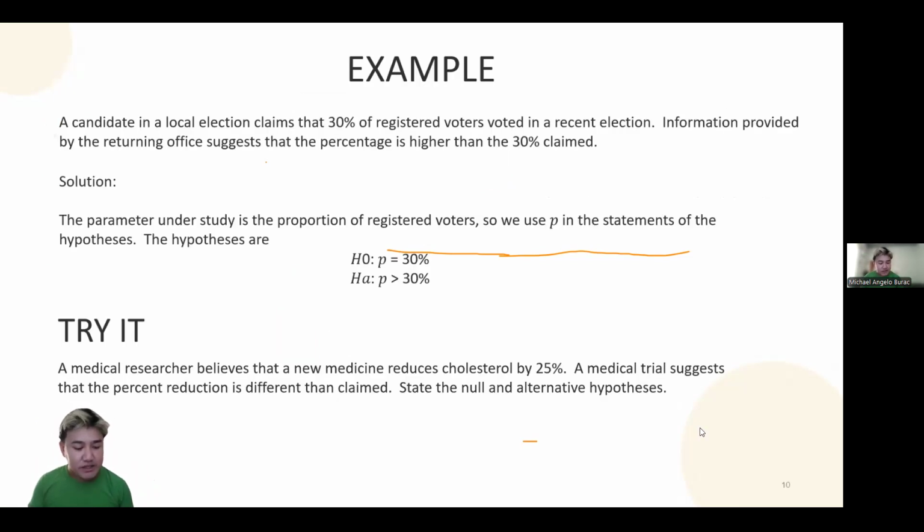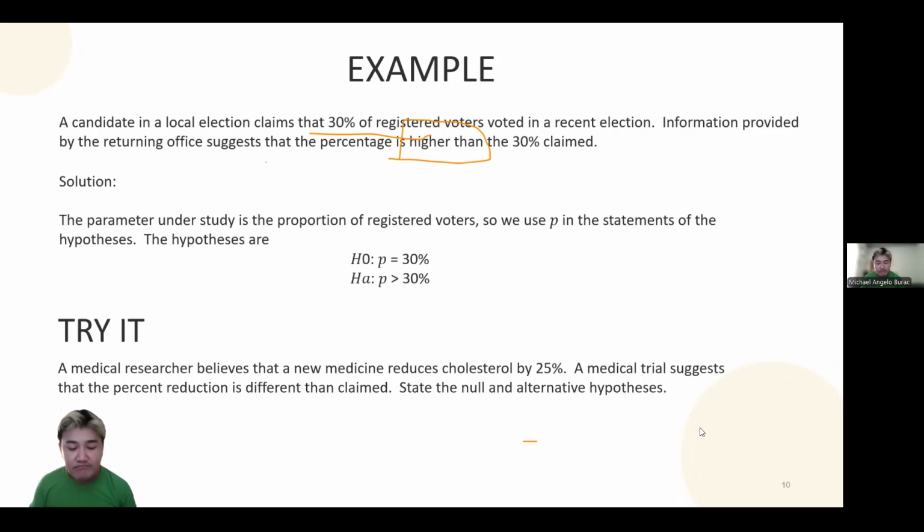Let's have some examples on how we are going to write our hypotheses. A candidate in a local region claims that 30% of registered voters voted in a recent election. Information provided by the returning office suggests that the percentage is higher than the claim.